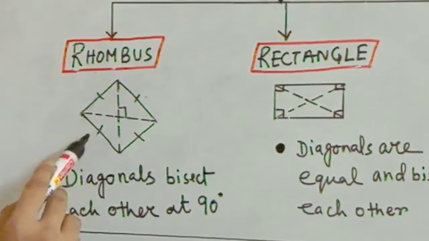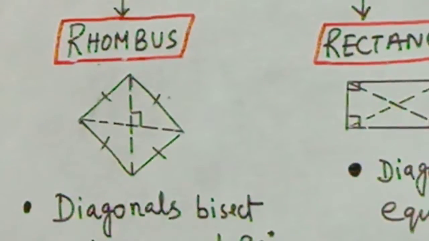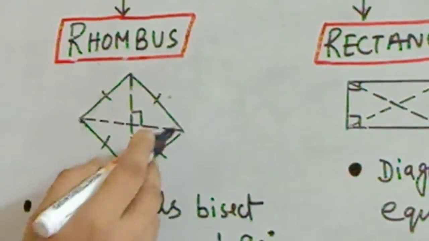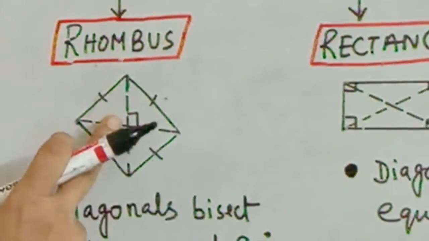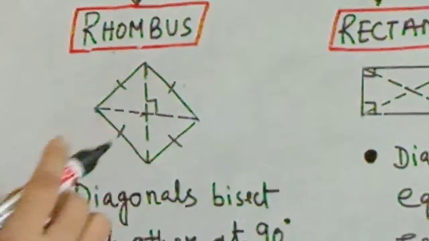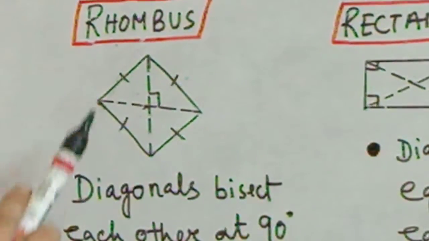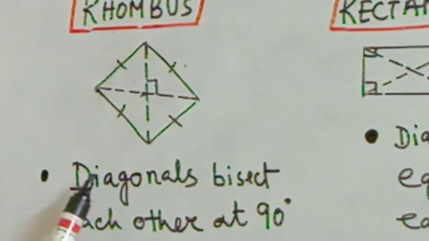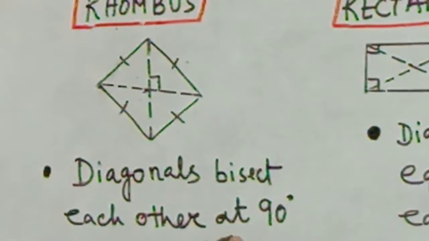Where all four sides are equal, but the angles are not 90 degrees. But when the diagonals intersect, they bisect each other, meeting at their midpoint, and the angles are 90 degrees. So the diagonals of a rhombus bisect each other at 90 degrees. This is important.